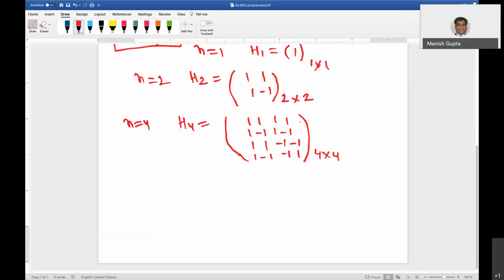Can I say that there is a Hadamard matrix of order 5? Probably not, right? So when is there a Hadamard matrix? That theorem is summarized here.